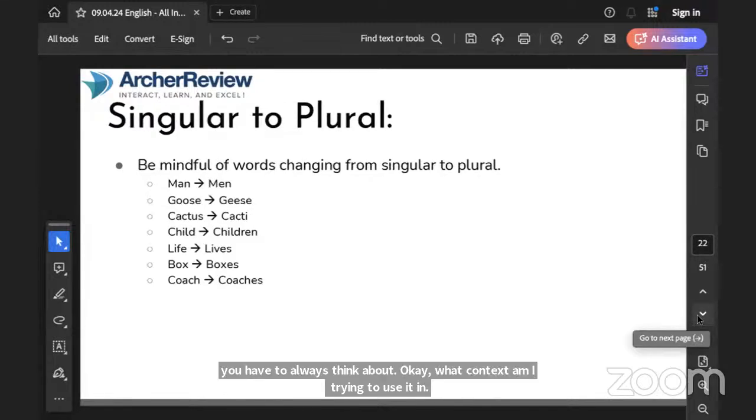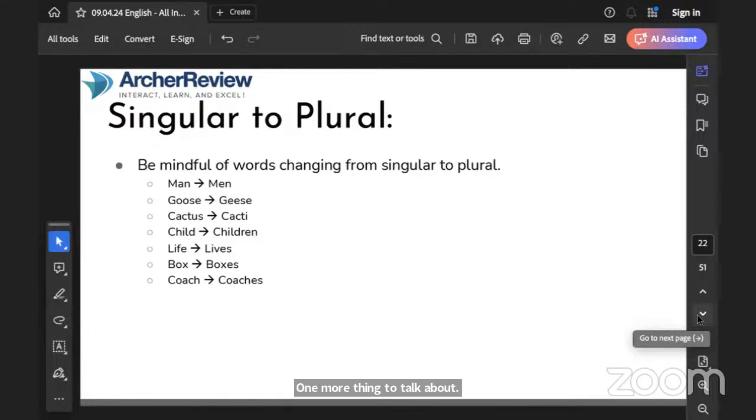One more thing to talk about, and that would be singular to plural. Be very mindful when you are looking at test questions about how words change spelling when they are going from singular to plural or vice versa, plural to singular. So, for example, there's these just random off the wall exceptions. Man, when you make that plural, it becomes men, M-E-N.